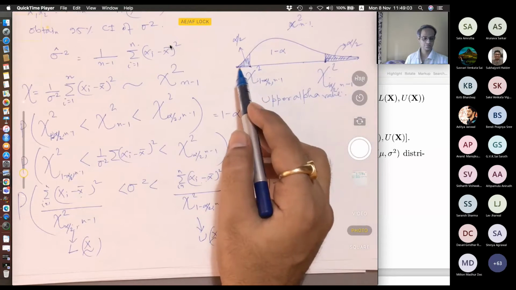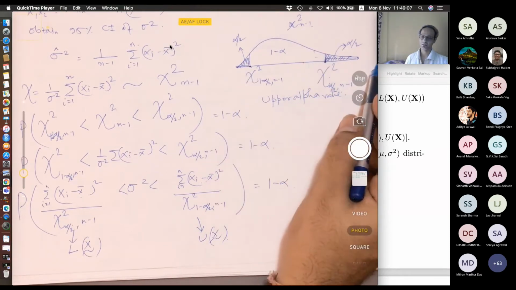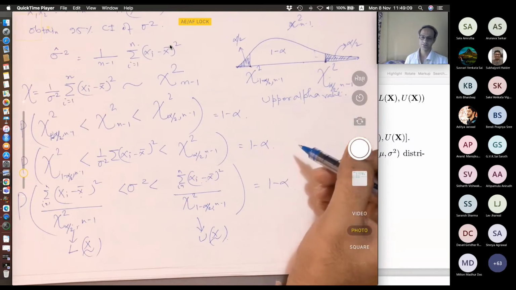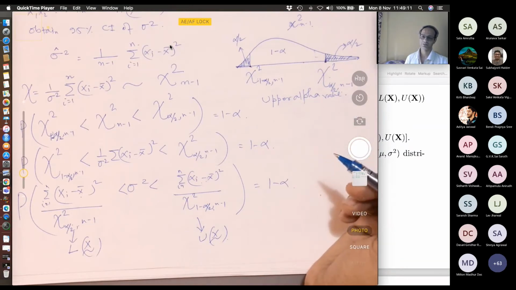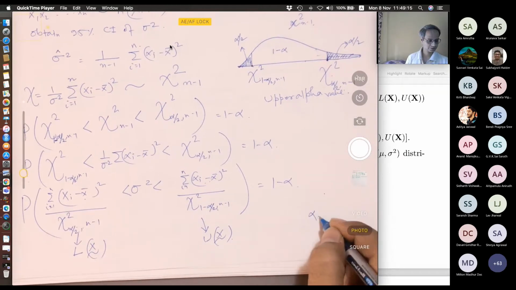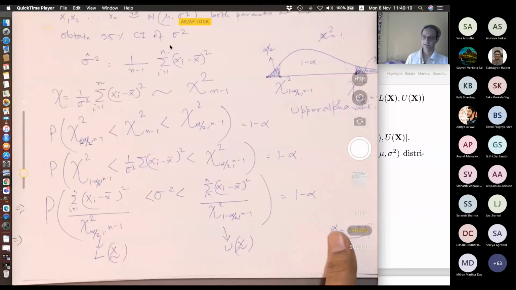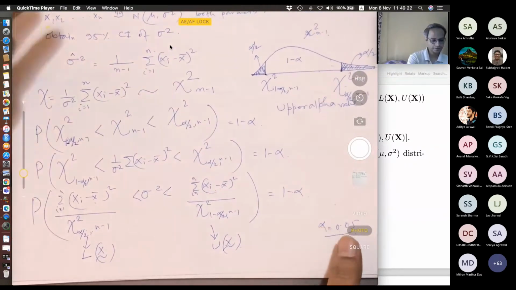You can also take it from 0 up to a point with alpha on one side; that is also possible. Alpha here is 0.05. Any query?